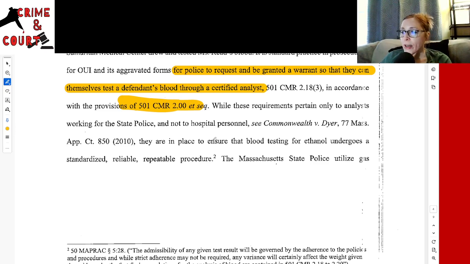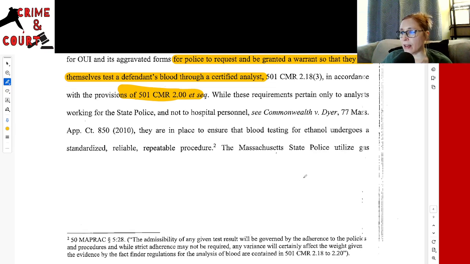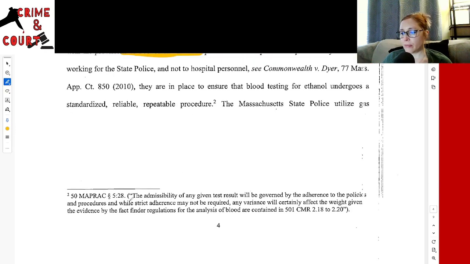While these requirements pertain only to analysts working for the state police and not to hospital personnel, they are in place to ensure that blood testing for ethanol undergoes a standardized, reliable, repeatable procedure. The admissibility of any given test result will be governed by adherence to the policies and procedures, and while strict adherence may not be required, any variance will certainly affect the weight given the evidence by the fact finder.